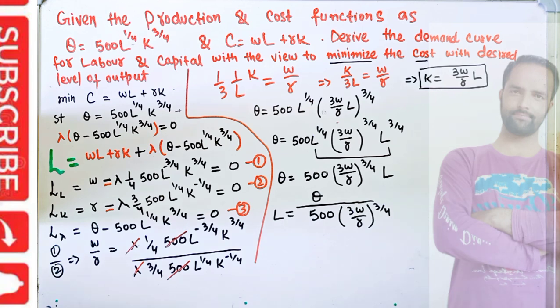Similarly, we can find the demand function for capital. I need to calculate that, because a viewer has specifically told me that he didn't understand how I calculated the demand for capital, how I arrived at the result.